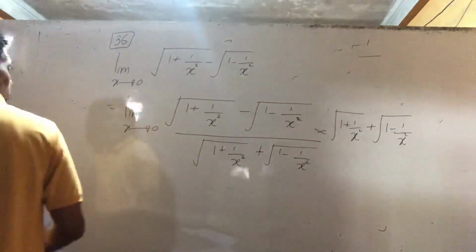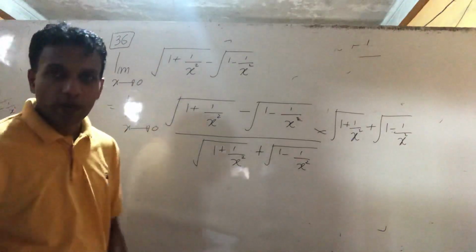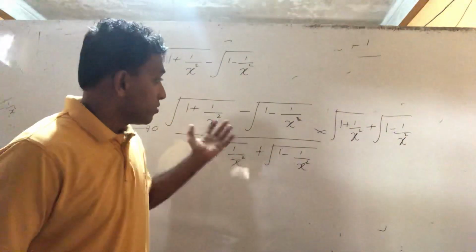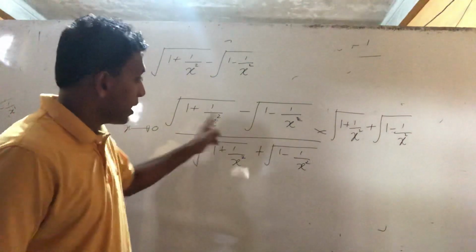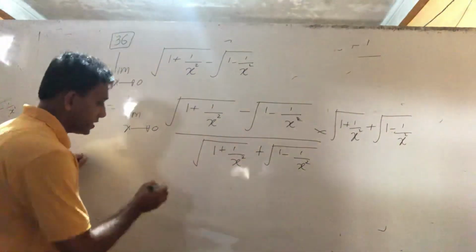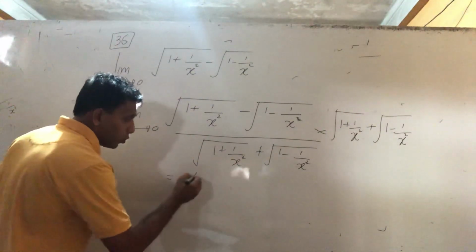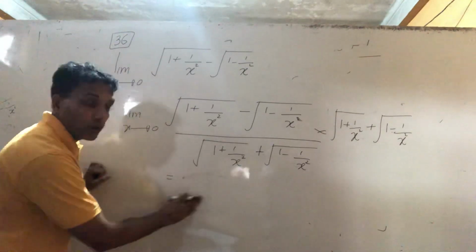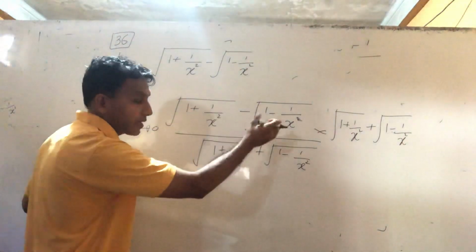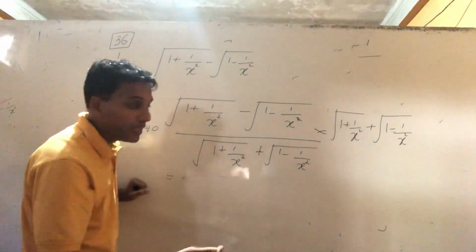Now simplify. Whenever I use this conjugate pattern, we always work many problems this way. Factorization pattern: a minus b times a plus b gives a square minus b square, with no square root now.